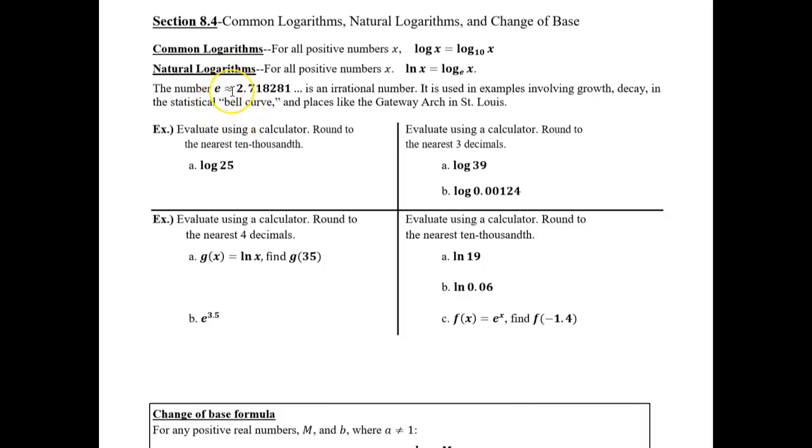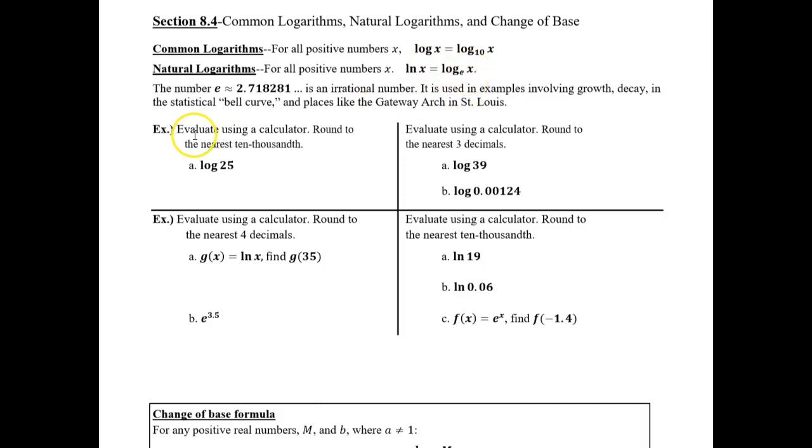You can see e used when we talk about growth, decay, bell curves, places like the Gateway Arch. Those all use the number e. So again, if you see e, this is a number with a 2.718 value. And ln of x is the same thing as log base e of x.